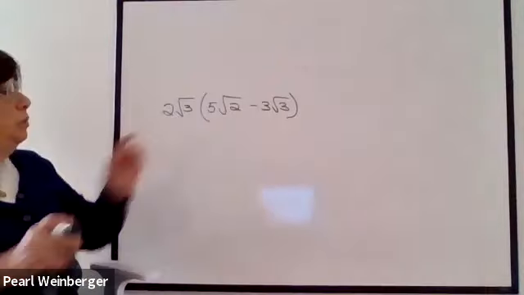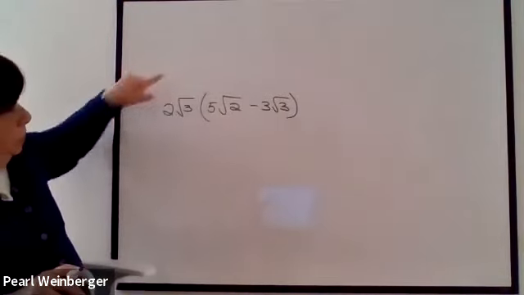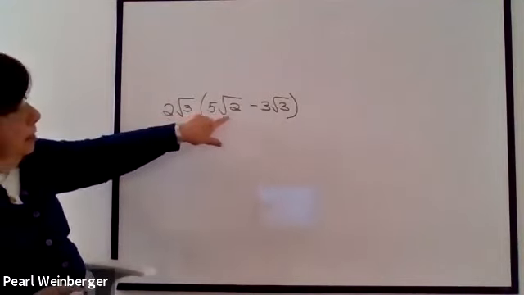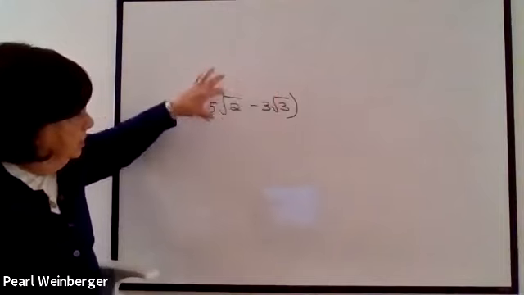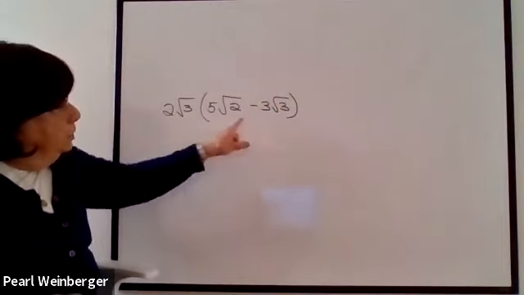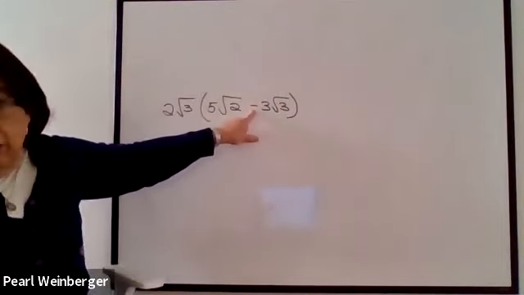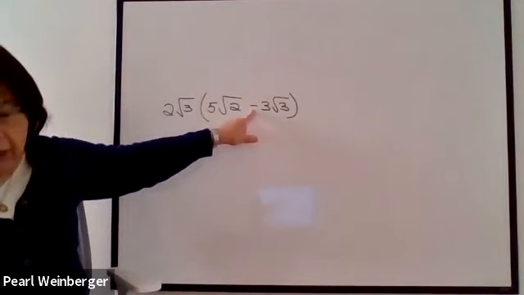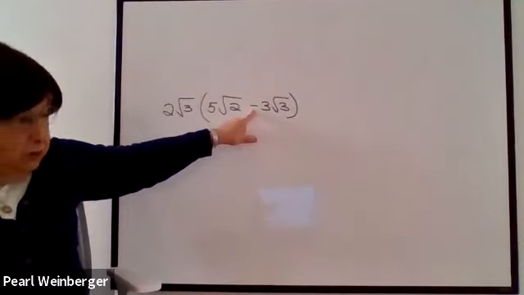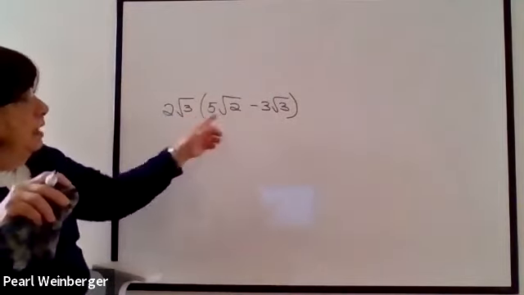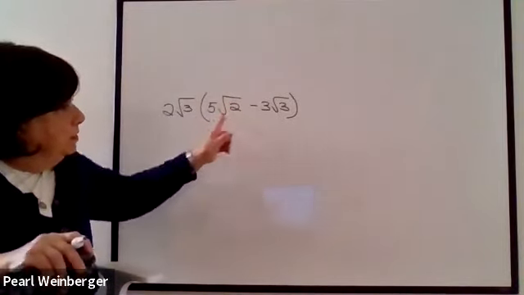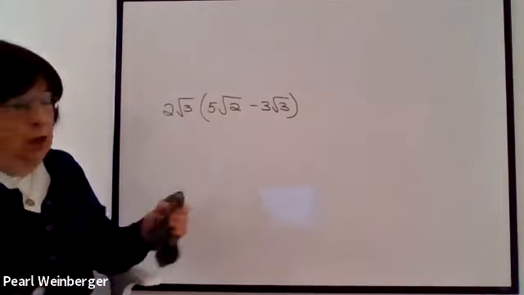Suppose I wanted to multiply a monomial, 2 radical 3, by a binomial. This is a binomial because I have two expressions, separated by a minus sign, or if it's either a minus or a plus, that means we have two terms. And notice we can't even combine these because they're not like radicals.